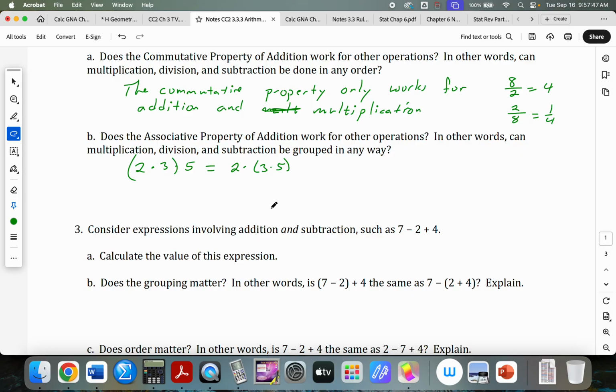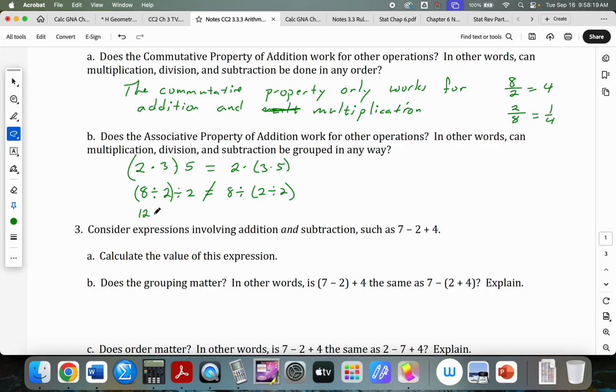What about division? What if we did 8 divided by 2 divided by 2? Is that the same thing as 8 divided by 2 divided by 2 with the grouping changed? No. So that's not true. What about subtraction?